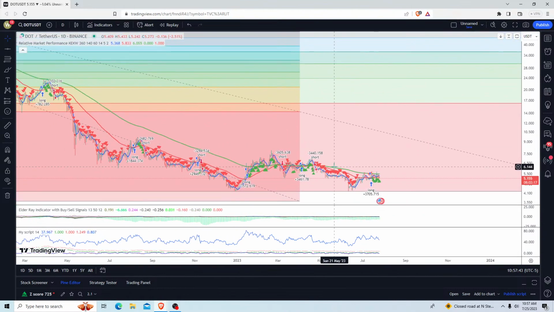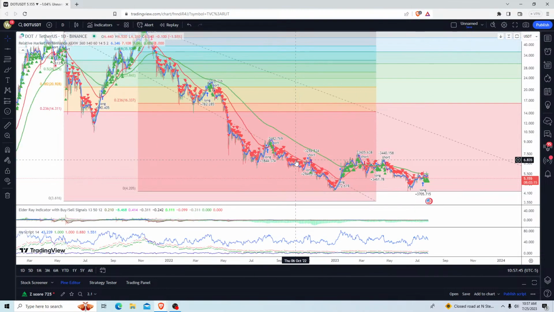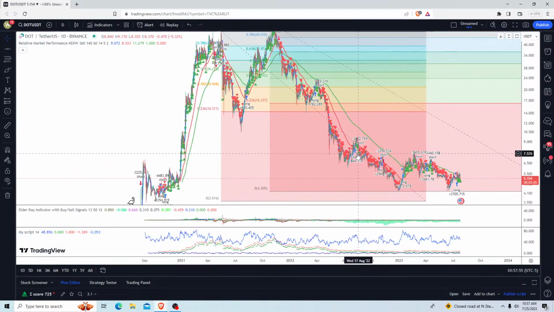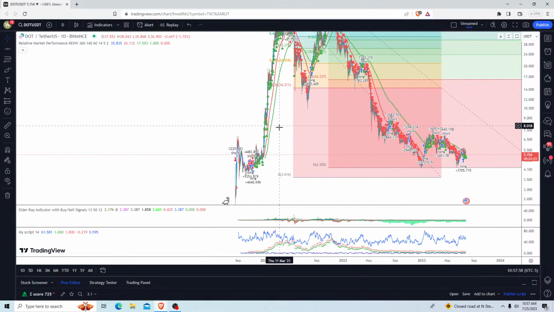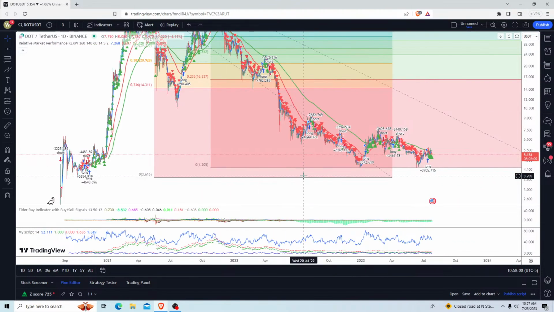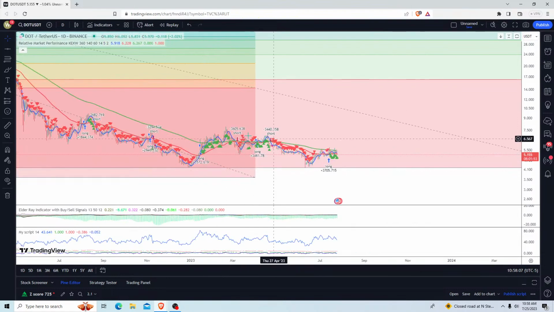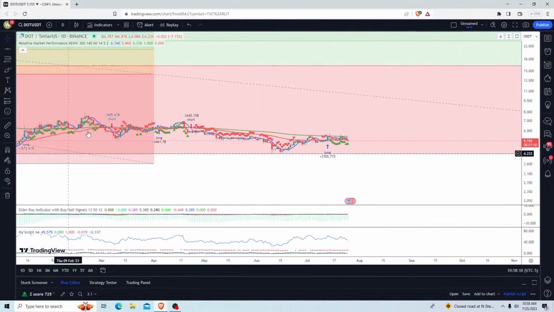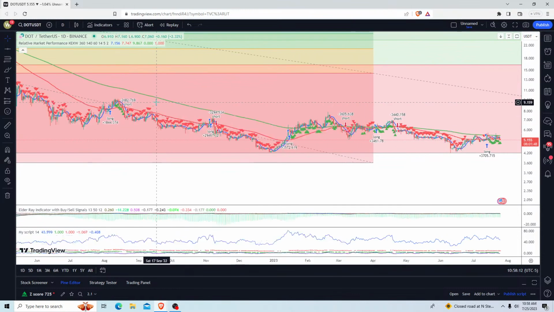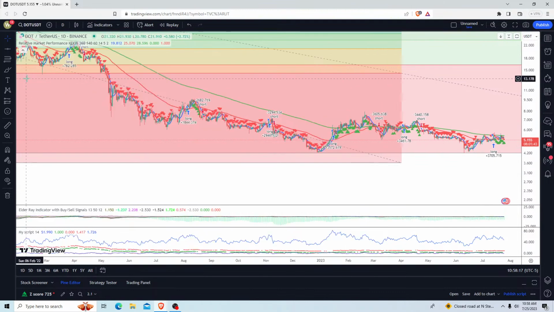See, Dot is one of those that you should probably only buy now. I mean, if you're gonna buy it, you should just buy it now, right? Because you're looking at an accumulation pattern. You're looking at a recovery pattern. This is an accumulation. This is a break of the downtrend, a back test of it.